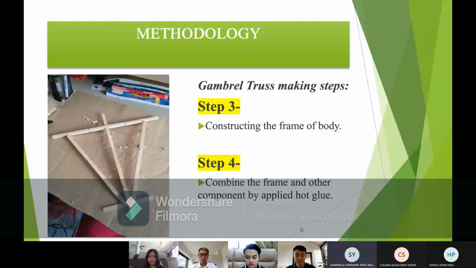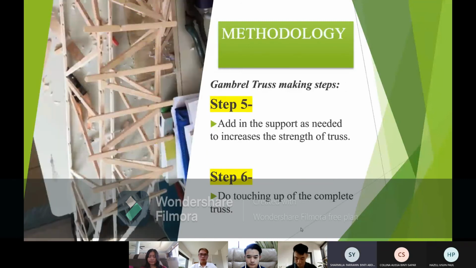Next, step 5. Add in supports as needed to increase the strength of the truss. And then step 6 is mostly the final step: touching up the completed truss.